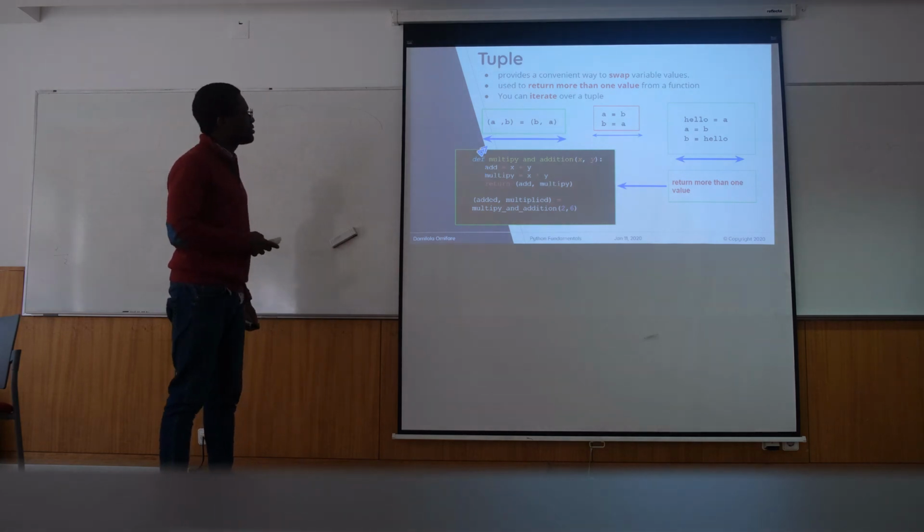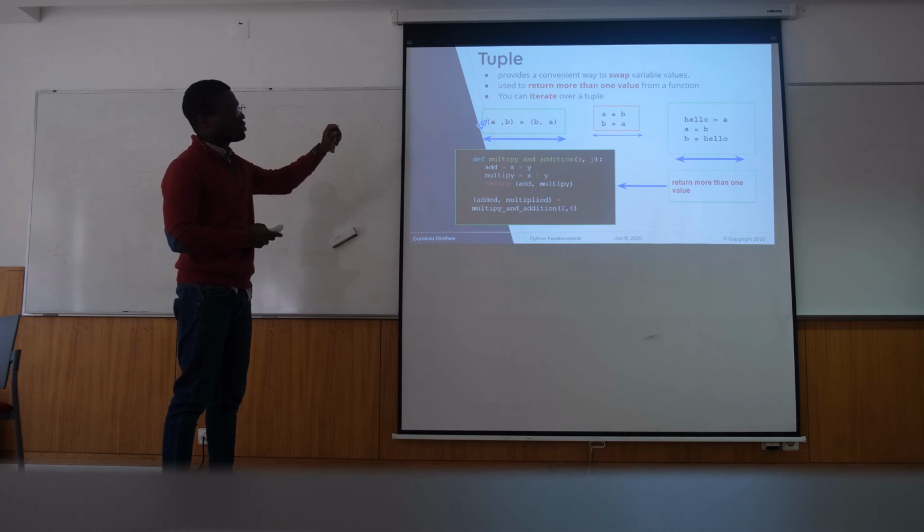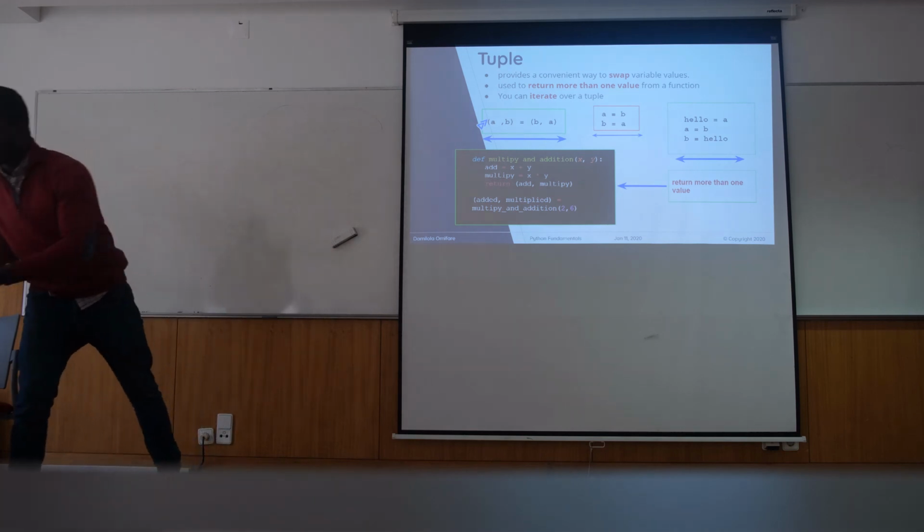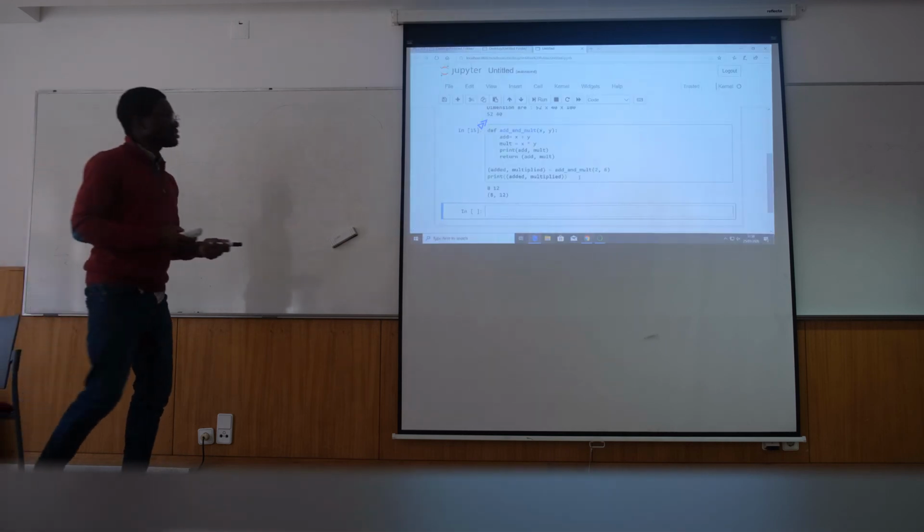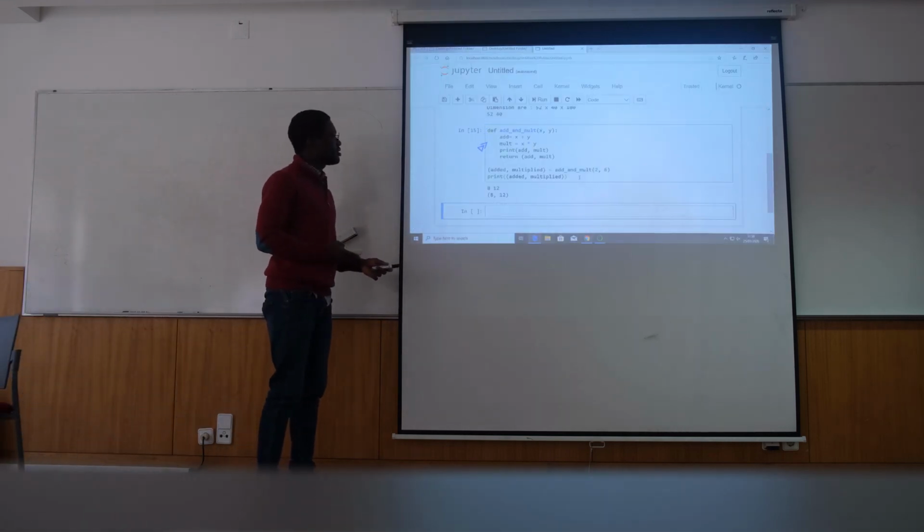It provides a convenient way to swap the variables. And what I'm doing in that code is this: the result of this line, which is add and multiply, is what I'm swapping into these ones.